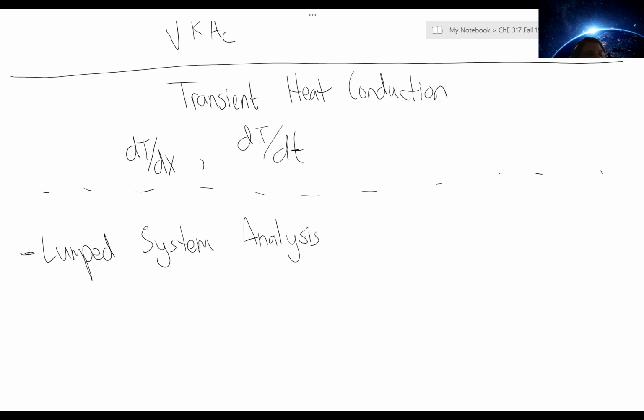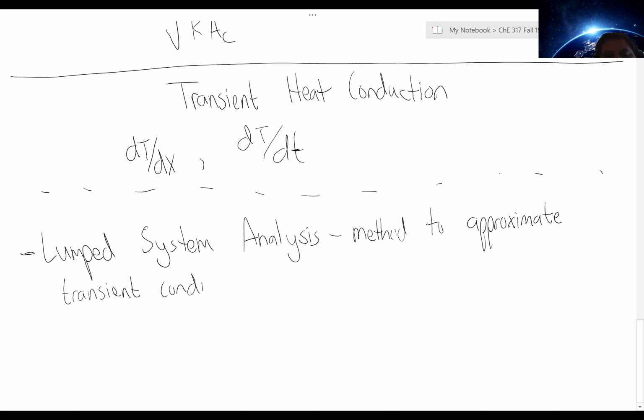Lumped system analysis is a method to approximate transient conduction, assuming convection within a system is the limiting factor.